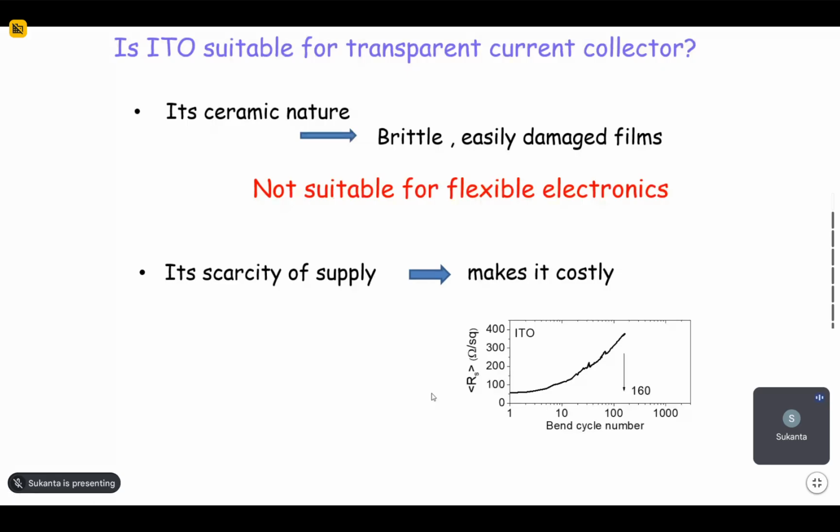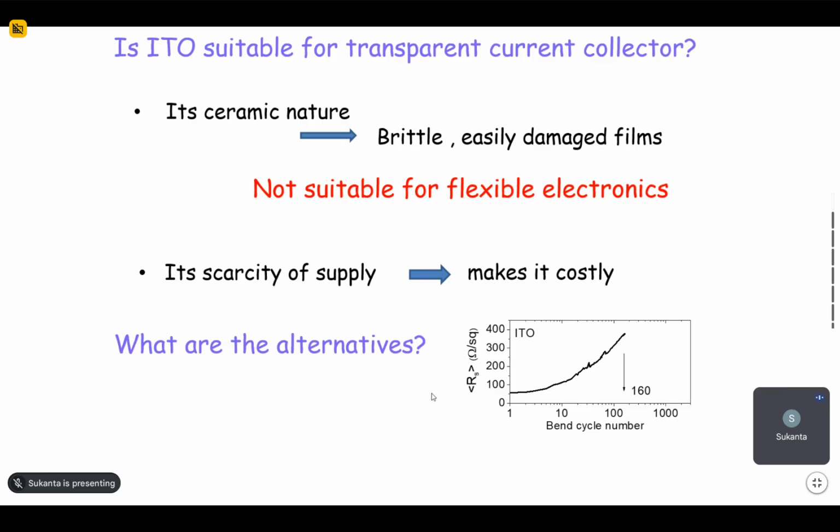So what we can do, we have tried several conducting nanomaterials to prepare thin transparent conducting films. But why do we need a thin transparent conducting film? That is for the current collector of the supercapacitor in this case. Otherwise, we know for all displays there is a back electrode which is a transparent conductor, and for flexible displays we need a flexible transparent conductor.